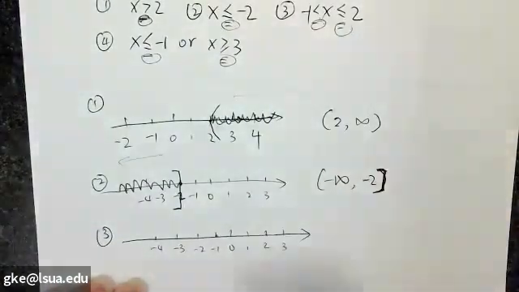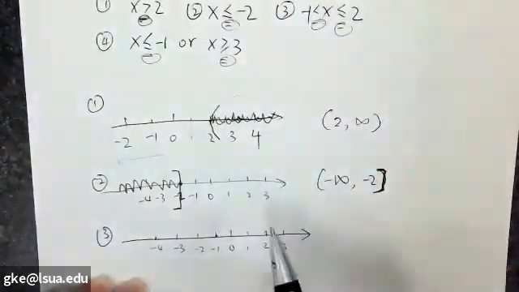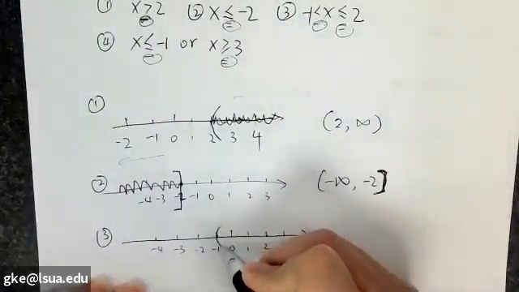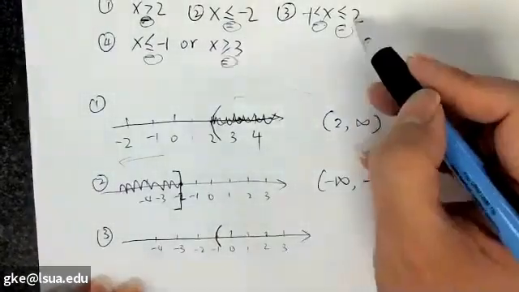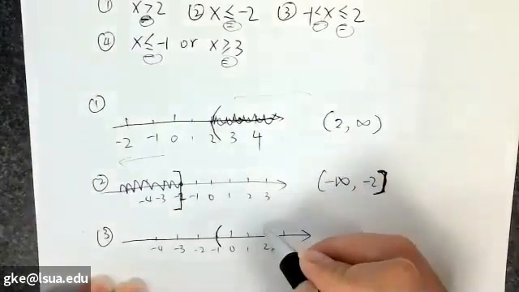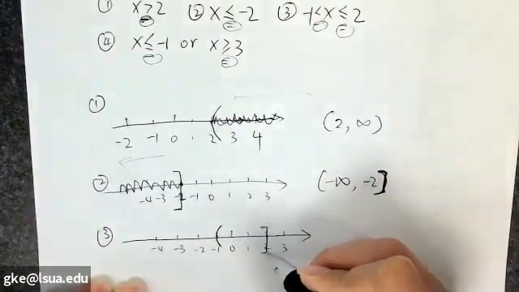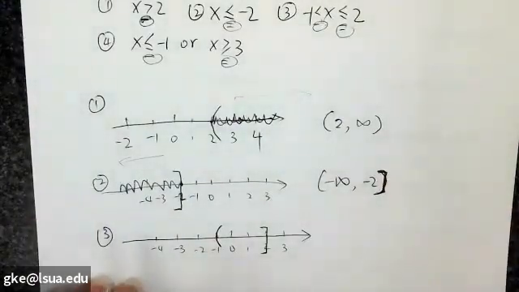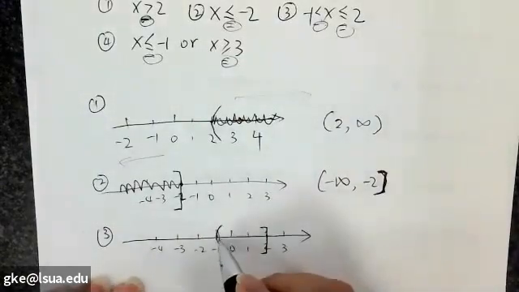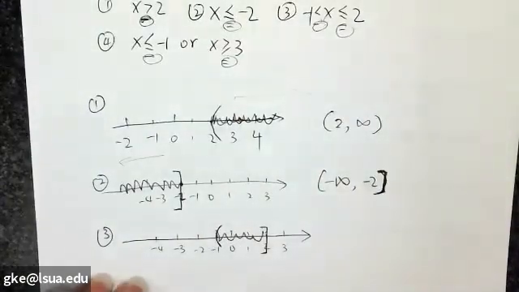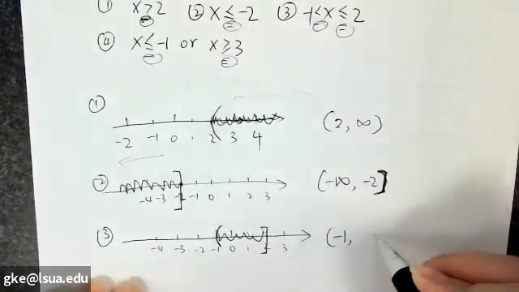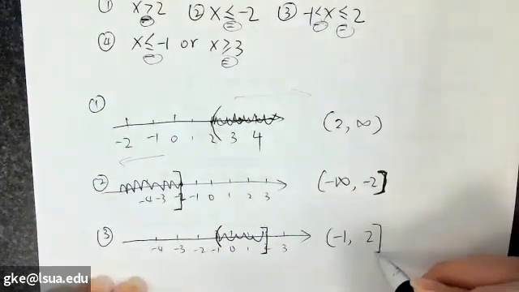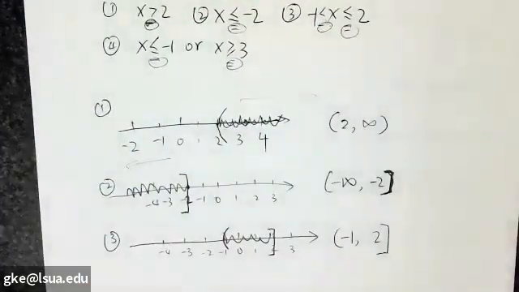It doesn't include the -1, so we use a round bracket, and it includes the 2, so we use a square bracket. That's the range we want. In interval format, it is -1 to 2, with a round bracket at -1 and a square bracket at 2.